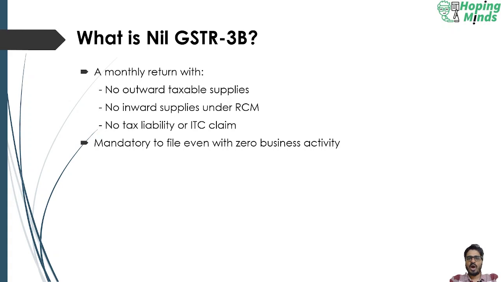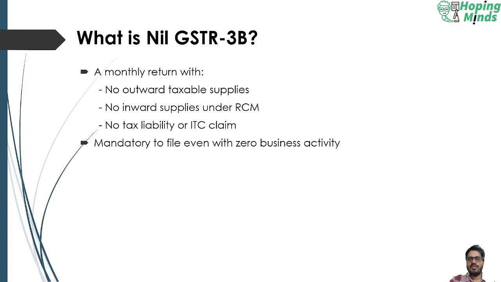So if there are no outward taxable supplies or there are no sales or services during the reporting period, then a nil GSTR-3B return can be filed, choosing the option of filing nil GSTR-3B return at the top of the GSTR-3B return.